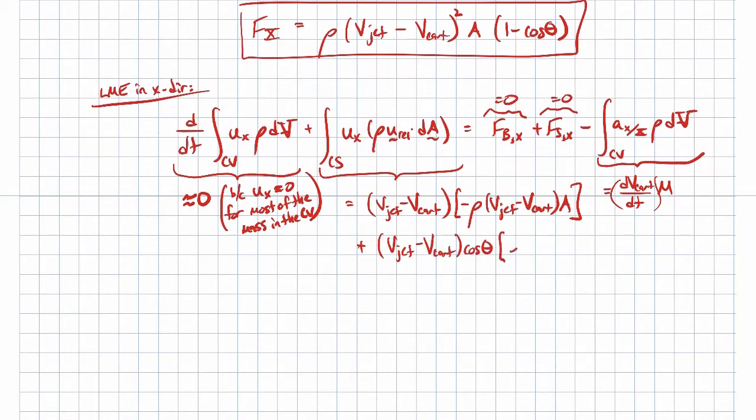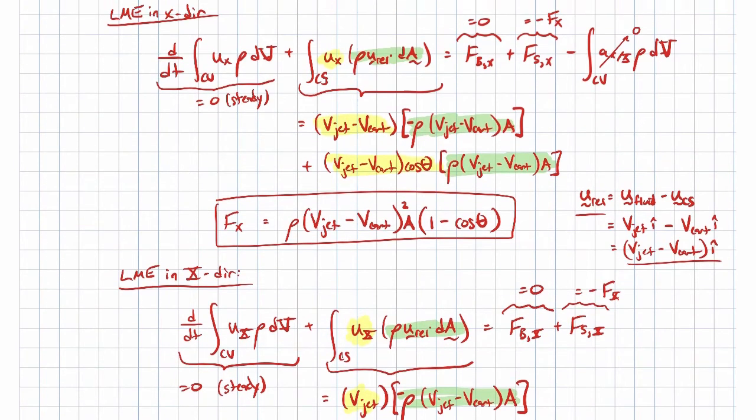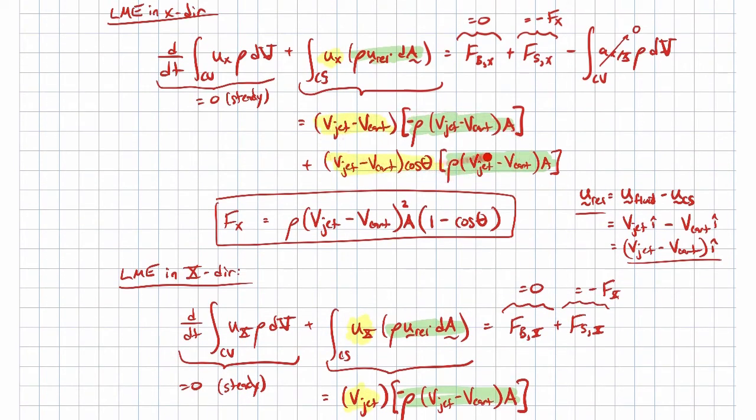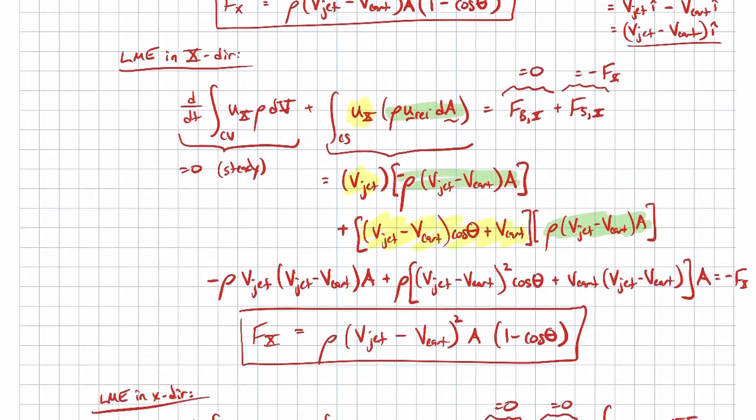And the mass flow rate there is density times v jet minus v cart times the area. So these terms look precisely the same as what we did earlier for part B, right up here, because when we derive this, we use that blue coordinate system, so it looks exactly the same here.